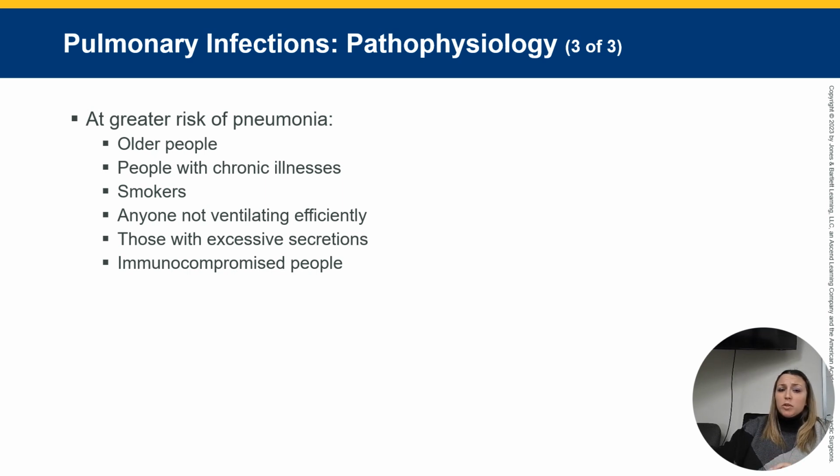It's going to be your older population, people that already have a chronic illness, smokers, anyone that has excessive secretions, immunocompromised people, all of those things make sense. Specifically, those that are immunocompromised are more likely to get some specific types of pneumonia, but all high-risk patients are strongly encouraged to get a pneumonia vaccine.